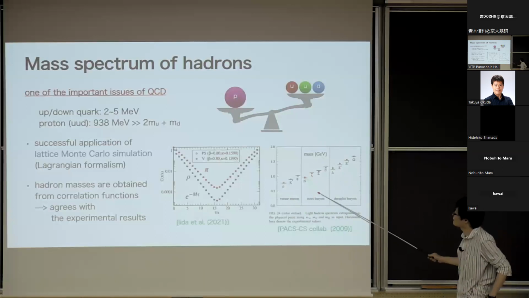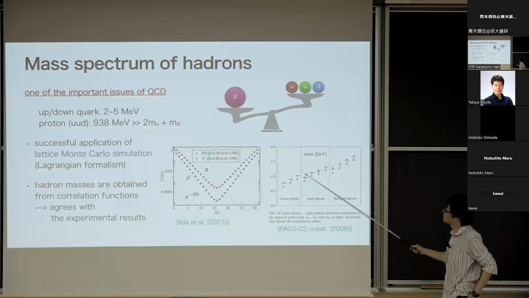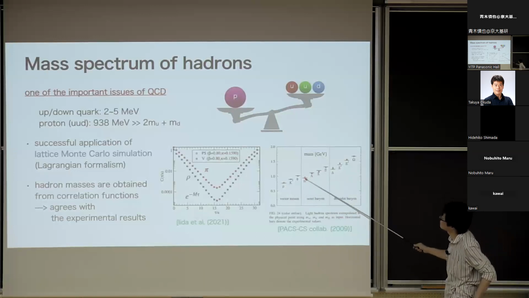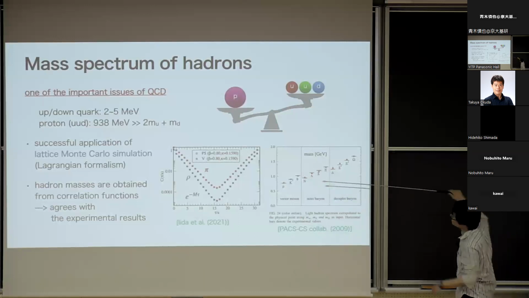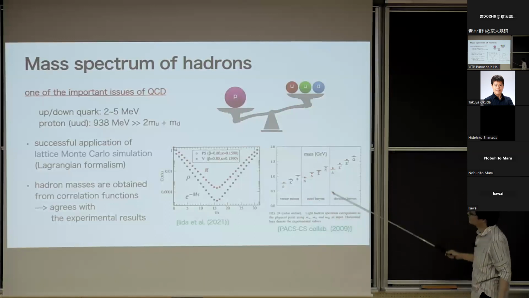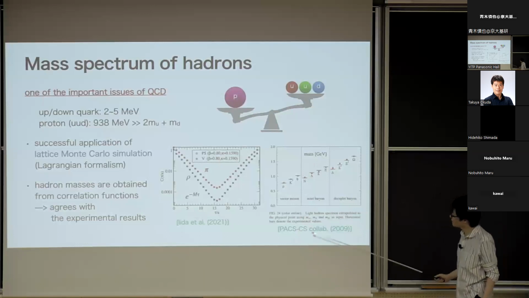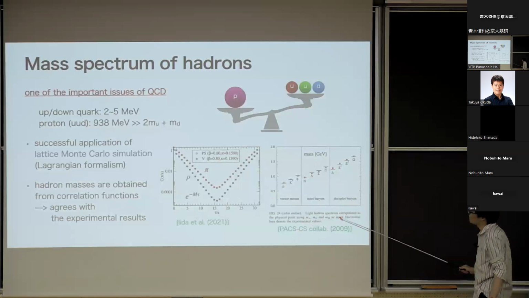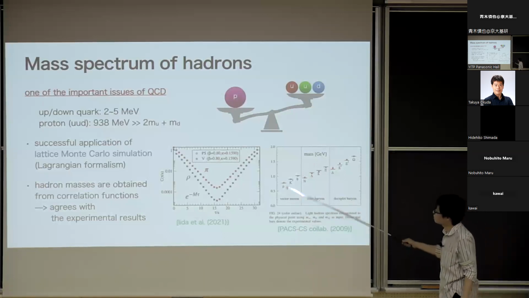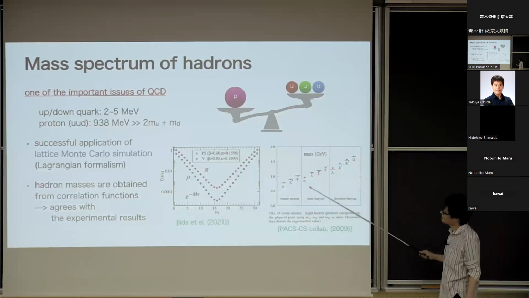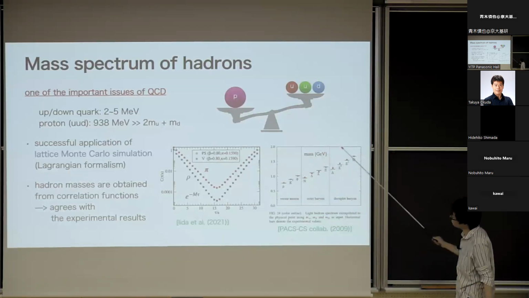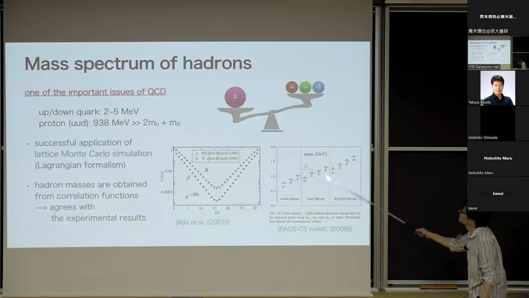This is a comparison of the lattice result, red points, and the experimental result, shown by horizontal bars. In this calculation, there are mainly three inputs, because in this setup of QCD there are three parameters, but with only three inputs we can reproduce more than 10 species of hadrons. So it's very nice.